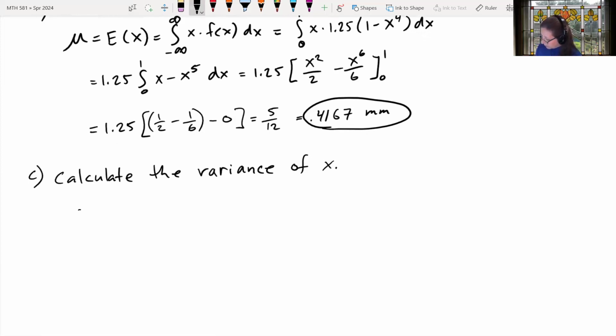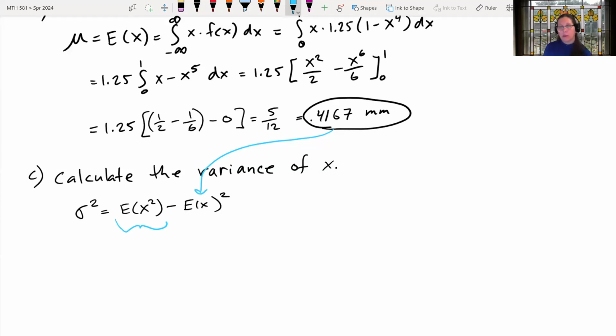So we would have sigma squared equals, again, that expected value of x squared minus expected value of x quantity squared. So we did just calculate this piece in here. So we're going to concentrate right now on calculating first the second moment, we call expected value of x squared.